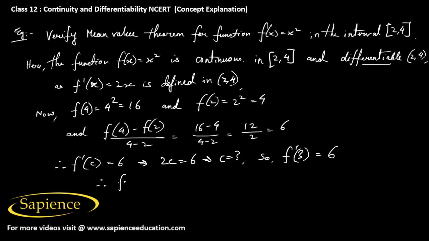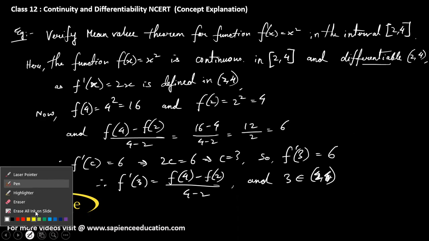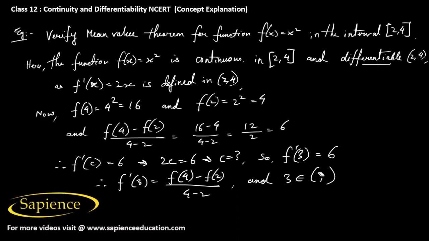So you can see that f dash 3 is equal to f of 4 minus f of 2 by 4 minus 2. And 3 also belongs to the open interval 2 to 4. It means that it lies within the given interval 2 to 4.